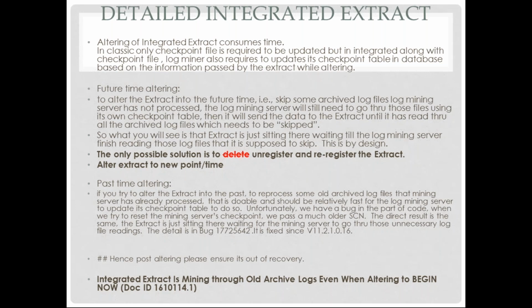That is the reason integrated extract takes time when you alter it forward to skip some archives. In classic, it is fast because it does not have its own checkpoint table. It just handles the checkpoint file. In integrated, along with the checkpoint file, you have the checkpoint table of the log miner also.